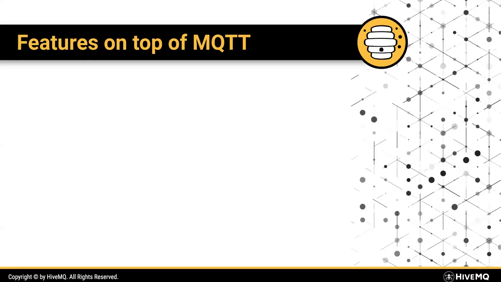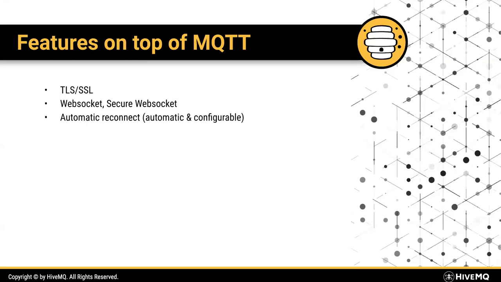We have a lot of features on top of MQTT, like encryption of the transport via TLS. We have WebSocket support and also secure WebSocket support. Automatic reconnect, that's a really important part.